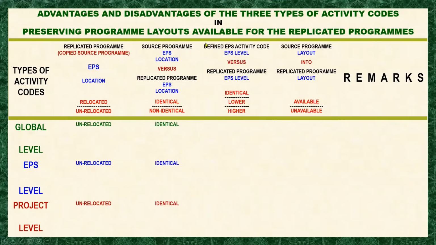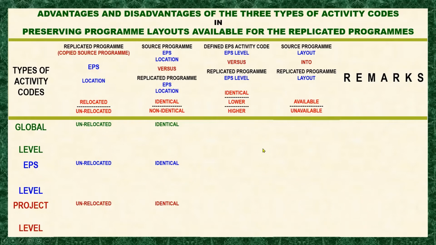Okay, how about here? The defined EPS activity code, EPS level versus the replicated program EPS level. As you can remember, we defined our EPS level in the activity code, and the EPS activity codes in level A2 of the EPSA, right? So we will look at the location of the replicated program EPS level, if it is identical, lower, or higher.